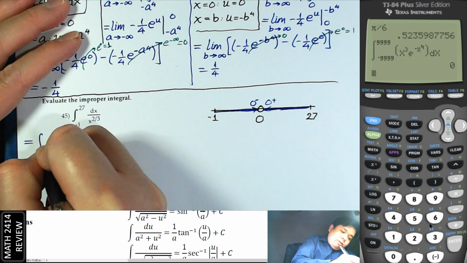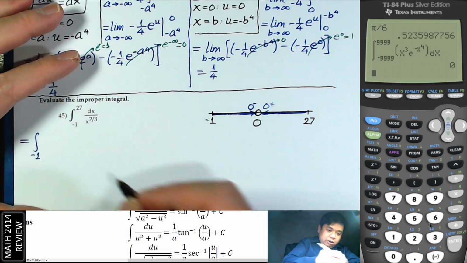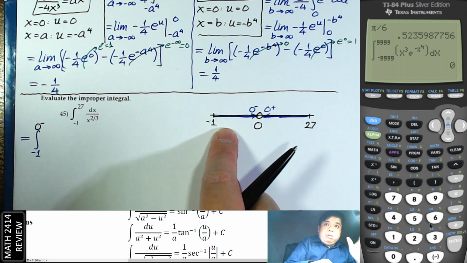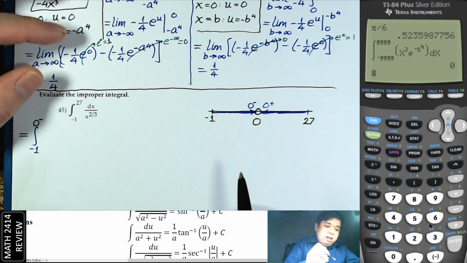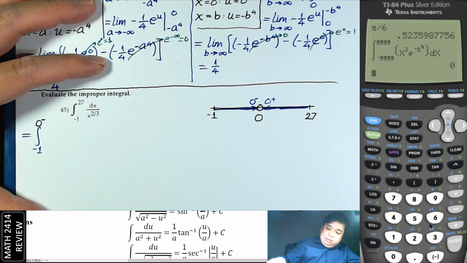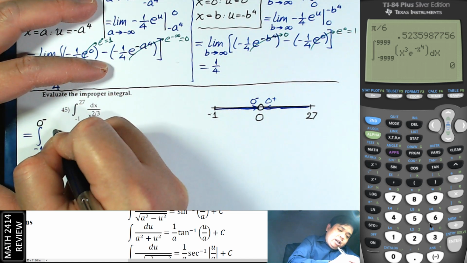So I will say from -1 to 0 from the left-hand side. We cannot have 0, so that's why we split at 0. I will rewrite this and put dx on the back.